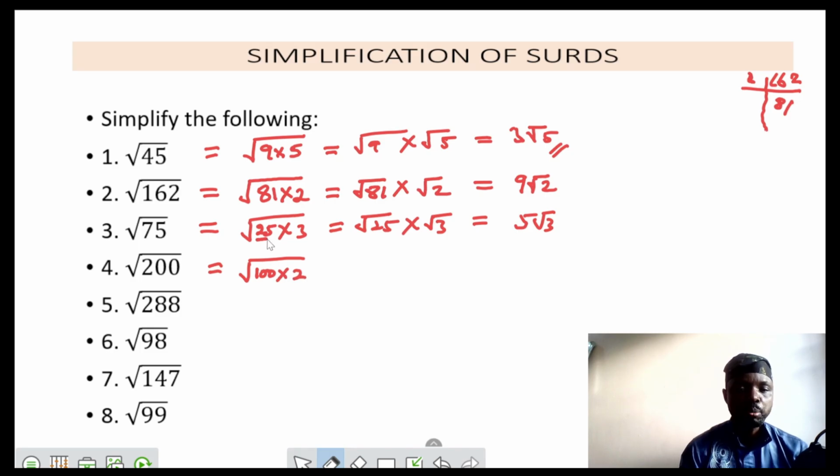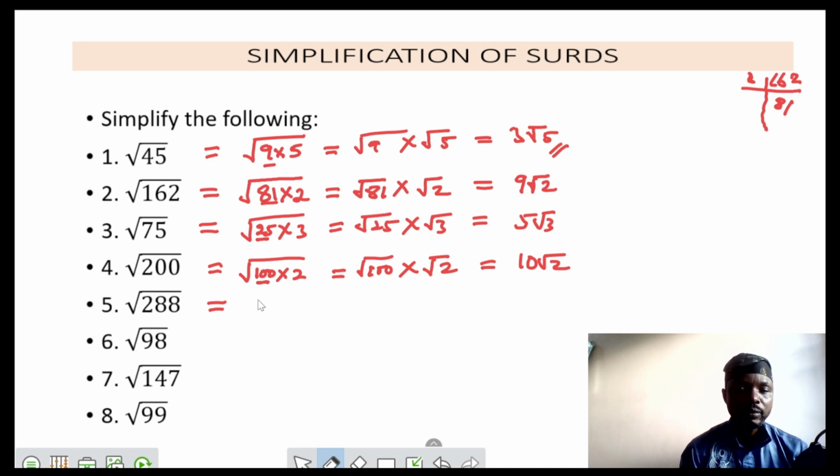You see, all these are perfect squares. That will help you to reduce the number, because the focus is you want to reduce the surd, you want to simplify it. So we give you root 100 times root 2, and this one will be 10 root 2.